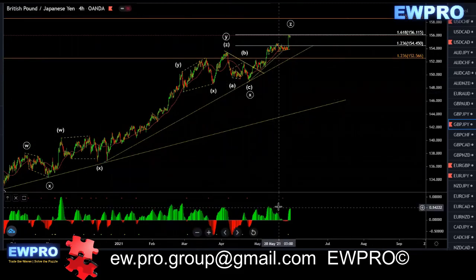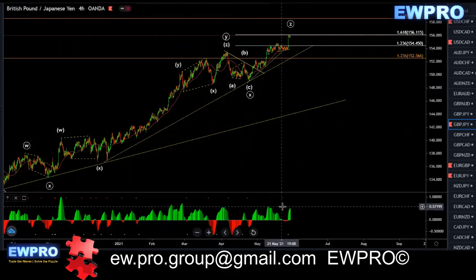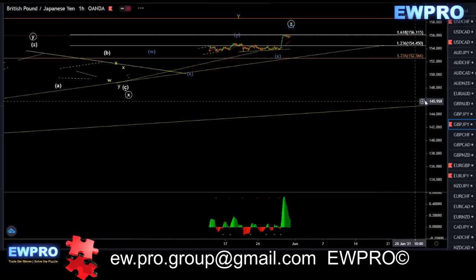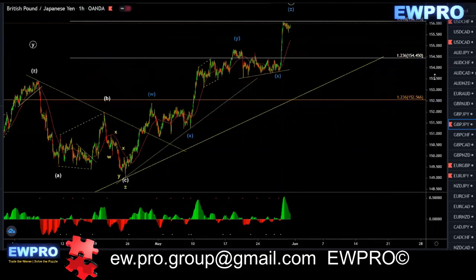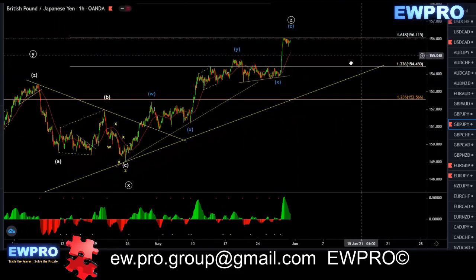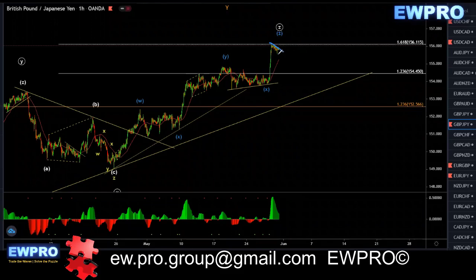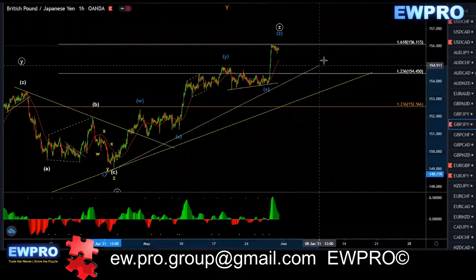So we do have bearish divergence on the H4. On the H1, this is looking very bullish still. So you really have to wait for a sell setup, and I'd only be looking for the sells.